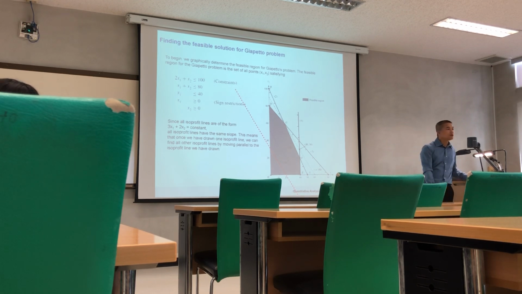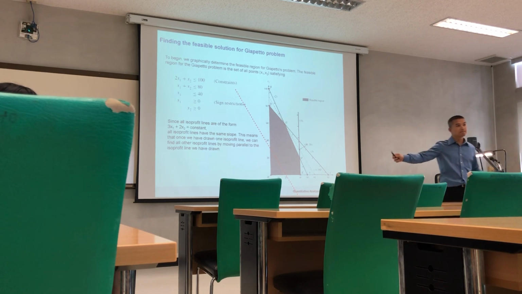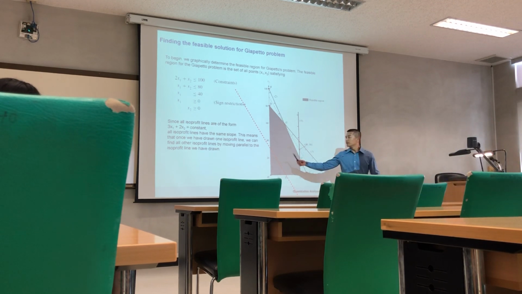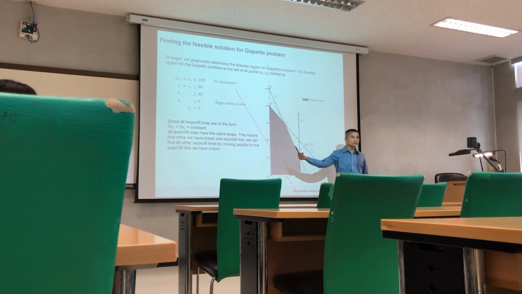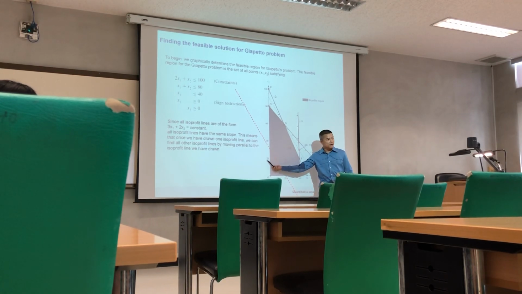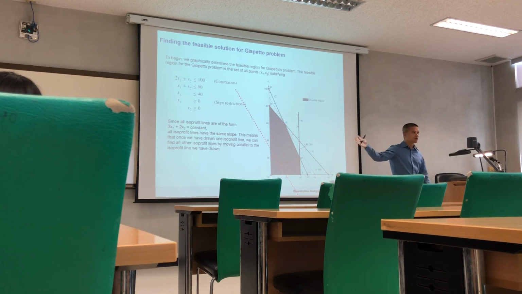And when we move to the right of this line, that will give you more profit. When you move to the left of this line, that gives you lower profit or less value.